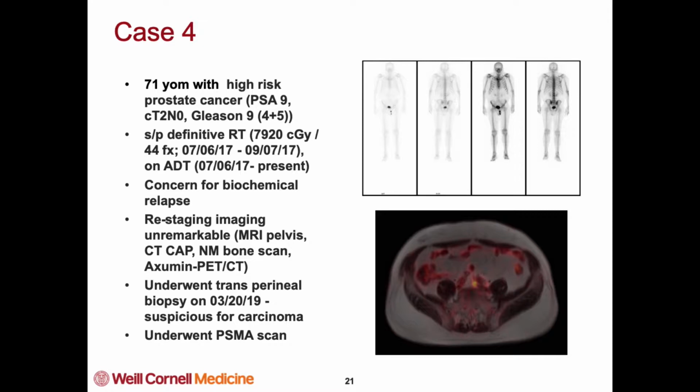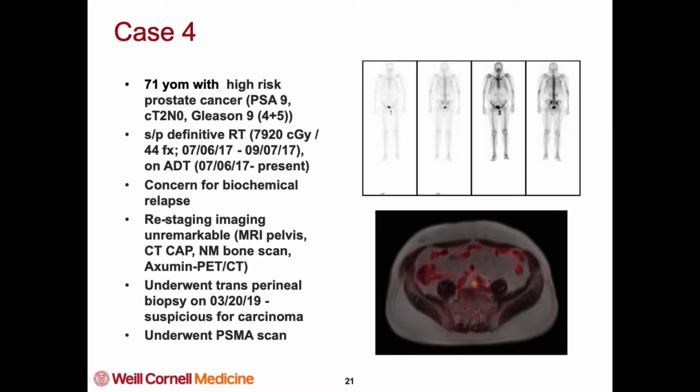Second case was a gentleman who had been treated for high-risk prostate cancer with radiation. He had a rising PSA, which they were concerned about. He was restaged with an MRI, CT, bone scan, and he actually had an axumin, or fluciclovine, scan as well, which were all negative.